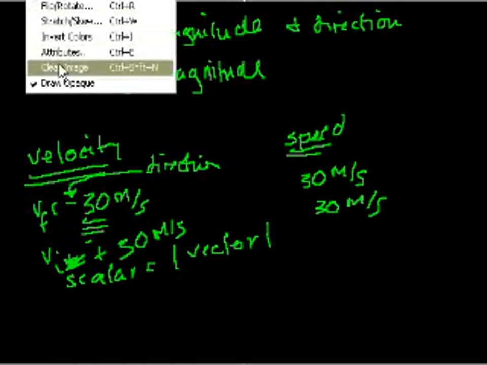So let me clear this. Let me give an example where I take a ball. I take a green ball, clearly a green ball, and I throw it. That's a straight line.